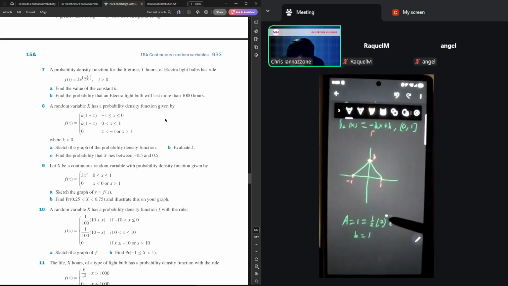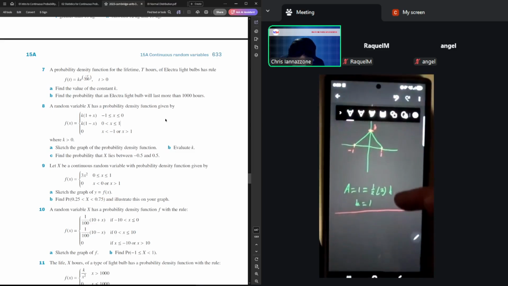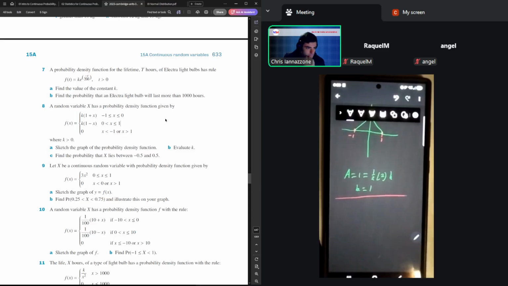Two and a half cancel, k equals 1. Nice. Now that we have k, the whole thing becomes a lot easier, although not necessarily super easy.